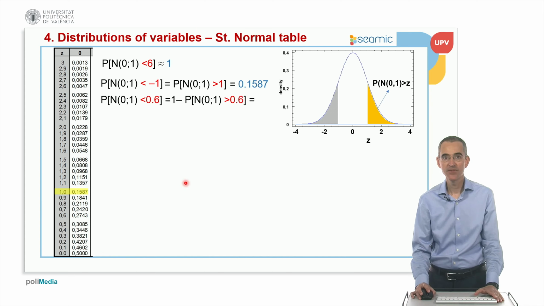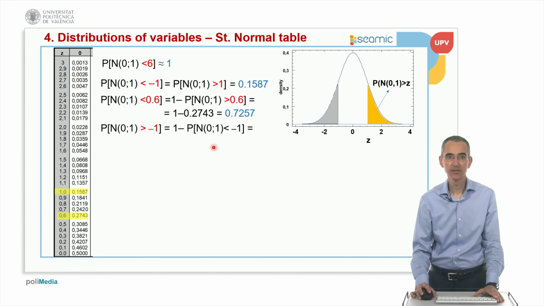Okay. Then what is the probability to be less than 0.6? So 0.6 is approximately here. We apply the complementary event, which is 1 minus the probability to be bigger than 0.6. So we go here, 0.6, and so that would be 1 minus 0.27, and then the result is 0.73 approximately.